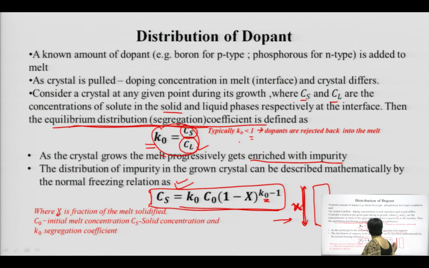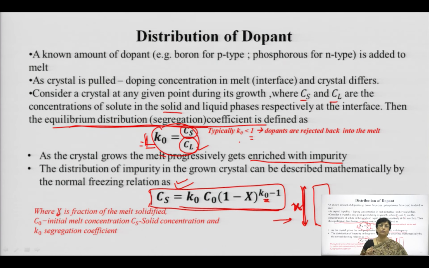So, here I told you already, C0 is the initial melt concentration, Cs is the solid concentration, and K0 is the segregation coefficient, which we have studied already. So, this mathematics is giving you the idea of the rate at which the silicon ingot can be grown with the help of the seed crystal from the molten silicon, and within the molten silicon the ratio of impurities in the solid and in the liquid decides the segregation coefficient.